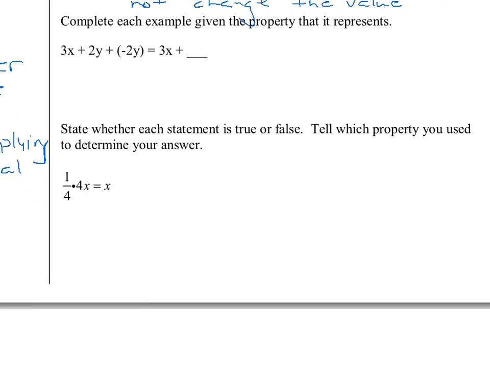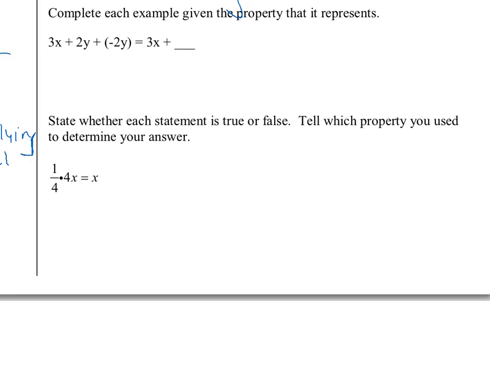All right, looking at the next one, it says, complete each example given the property that it represents. So first of all, we should identify the property being used here. Which property is being used in this example? Mia. The adding one. There are two adding ones. The one where you add the opposite. Go back and look at your notes. What do we call that?